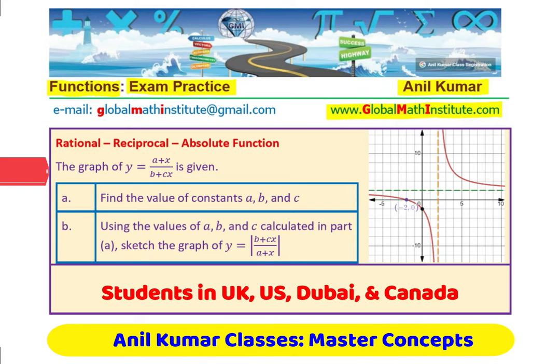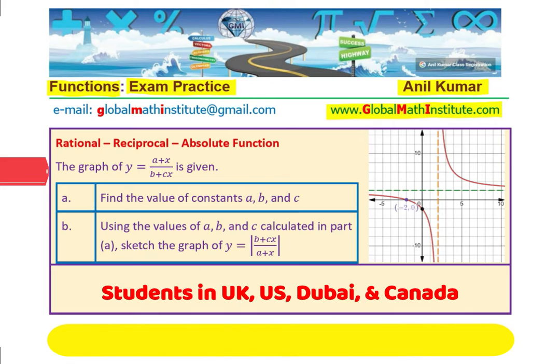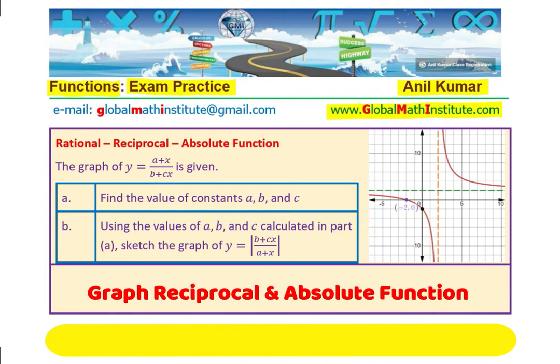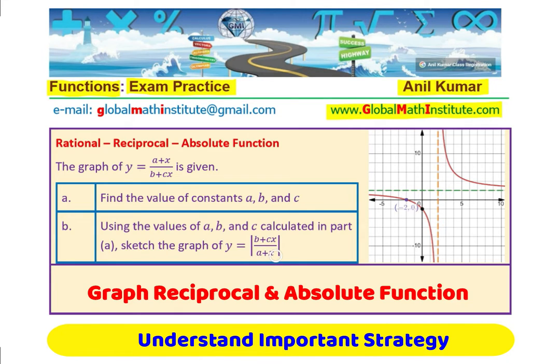The question which we will consider is: the graph of y equals a plus x over b plus cx is given, which is on the right hand side. Find the value of the constants a, b and c. Part b: using the values of a, b and c calculated in part a, sketch the graph of y equals the absolute value of b plus cx over a plus x.